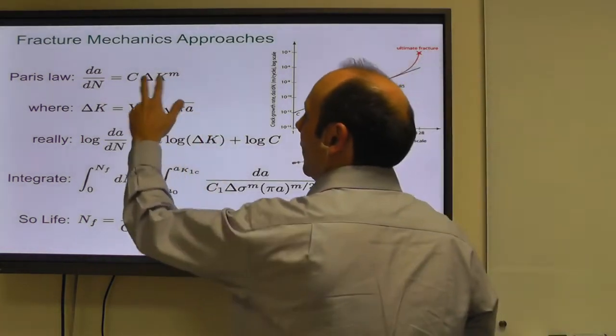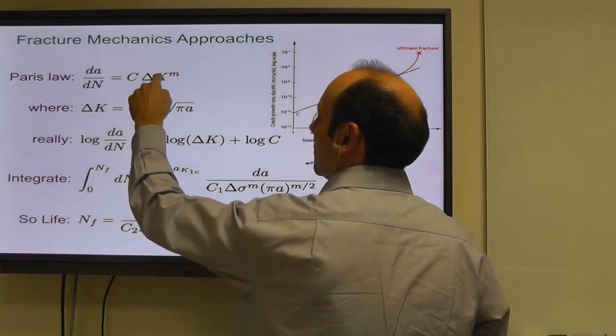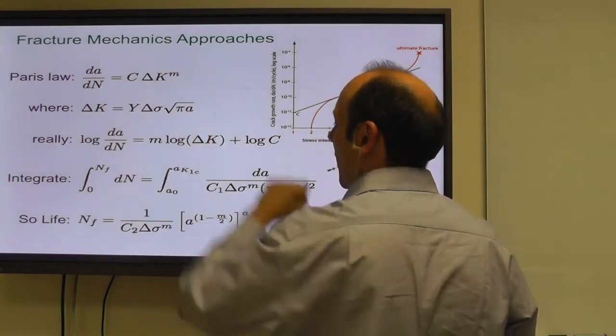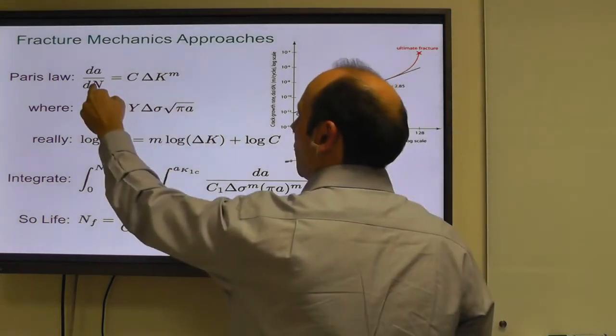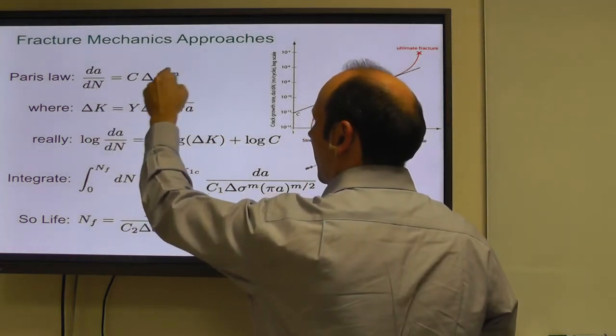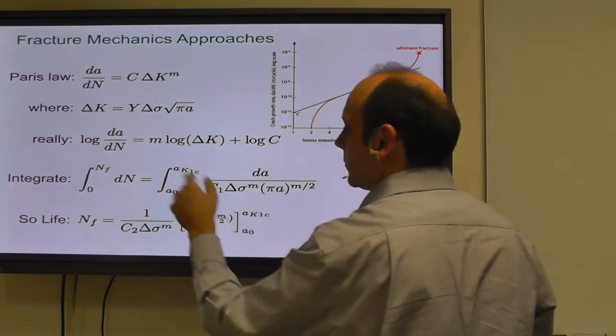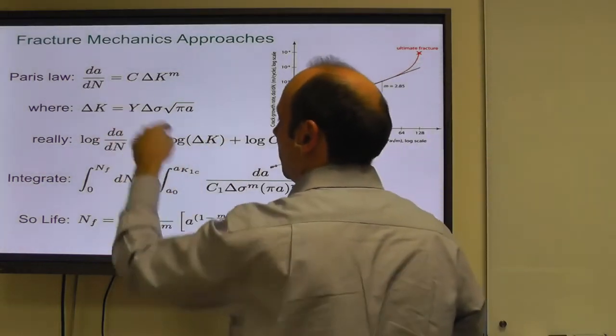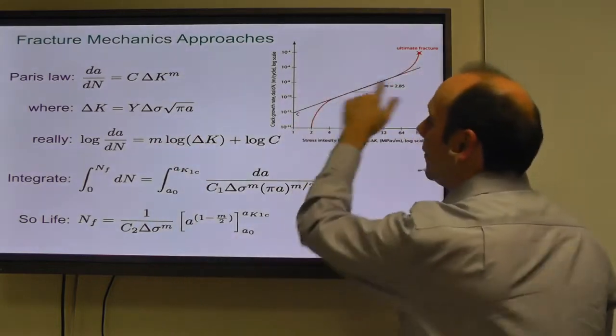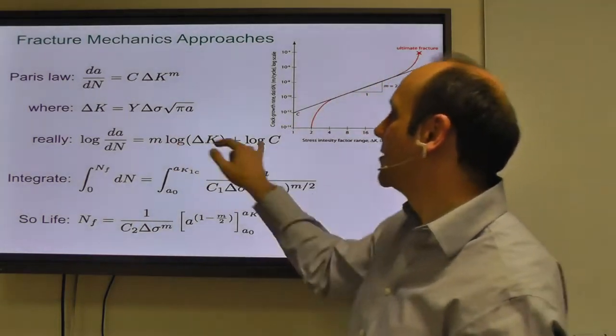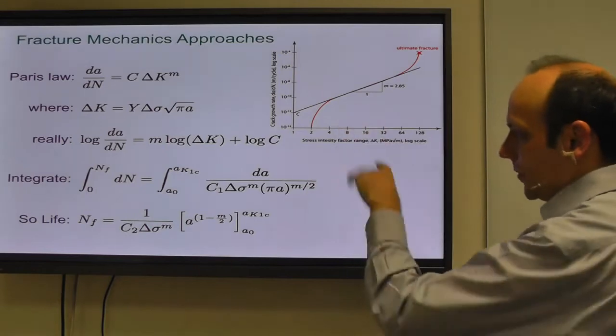So we can put the crack length in there, so that becomes C Y delta sigma root pi a all to the n. We can then separate, take dN up there, and take this down there, and that will give us this. To make this chart, we can take logs and then get a straight line in order to find m and c. But that's an aside.